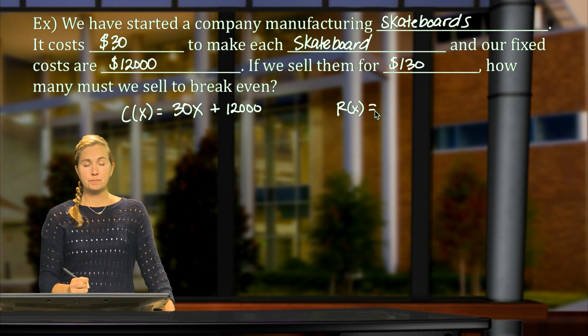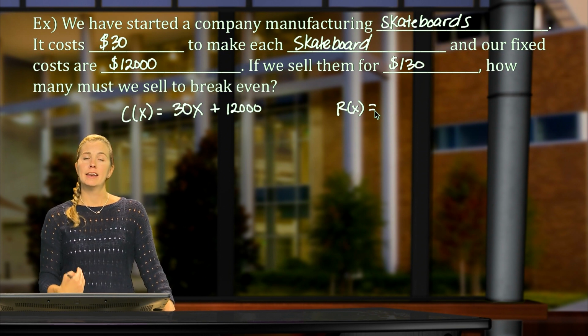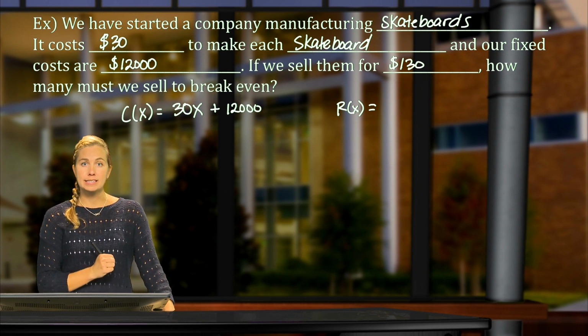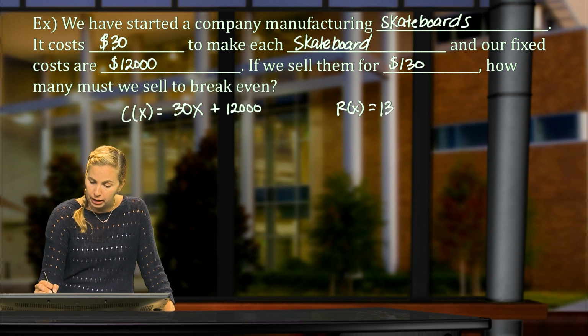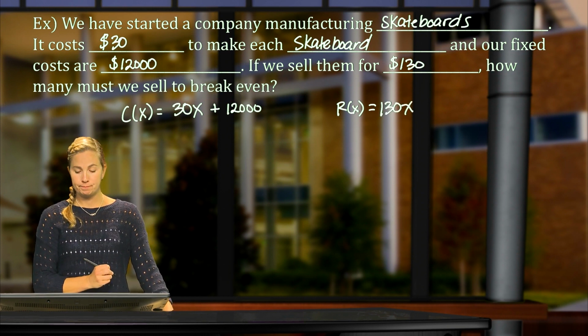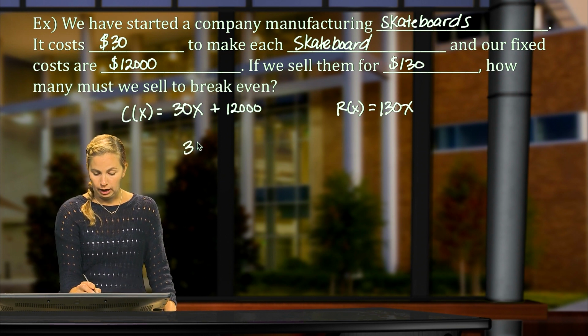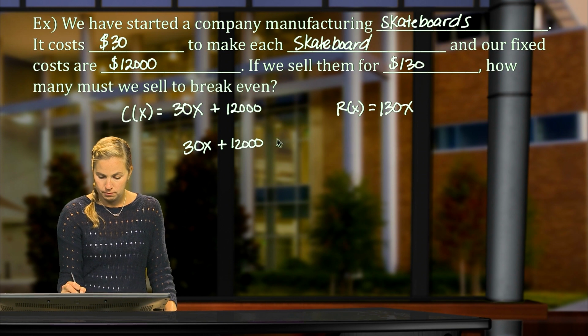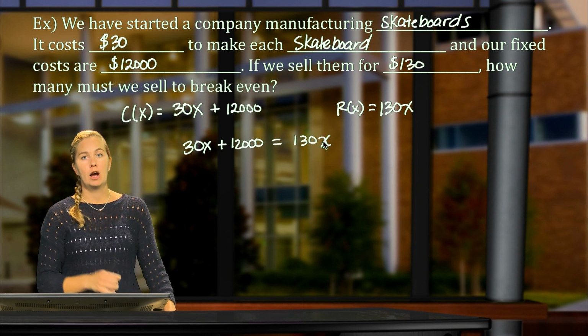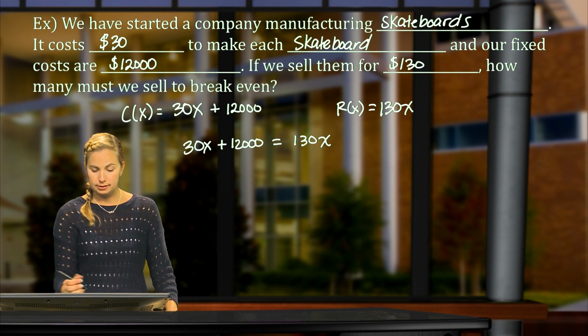Our revenue is the amount of money that's coming in, and that's based on the price that we sell them for. We're going to bring in $130 for every skateboard that we sell. If we set these functions equal to one another, we'll be able to solve to figure out where the break-even point is.